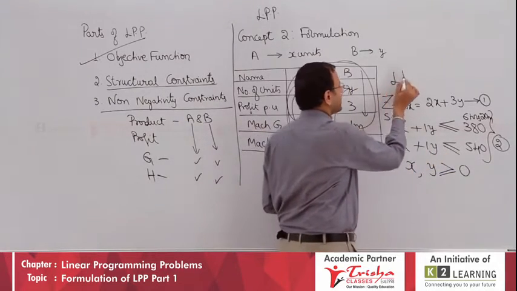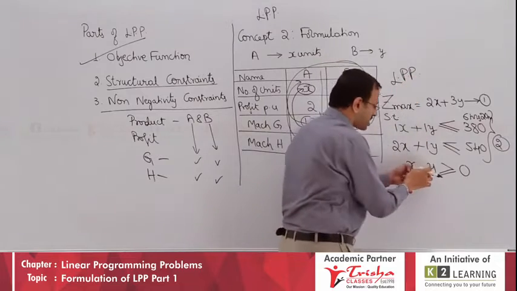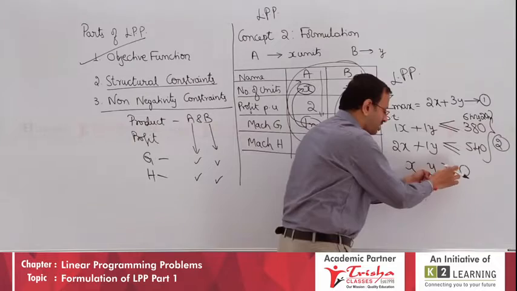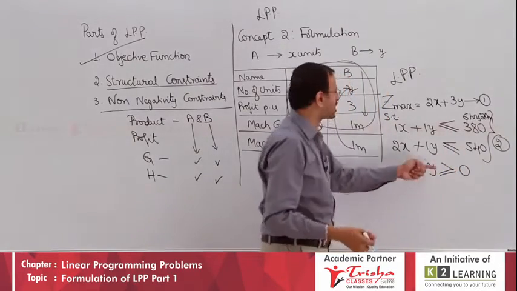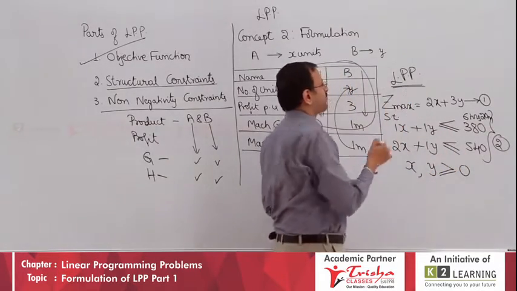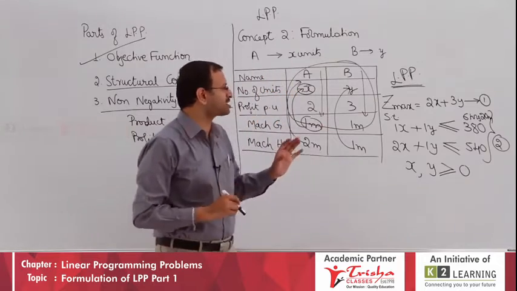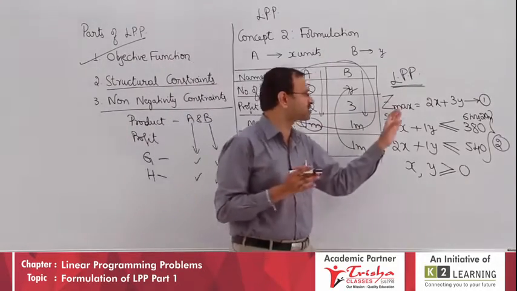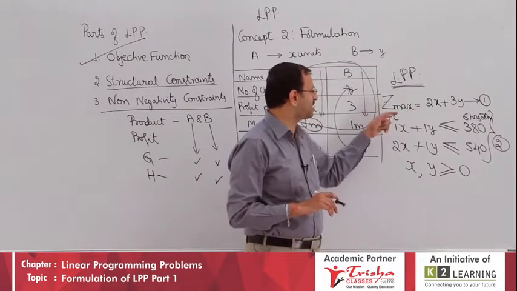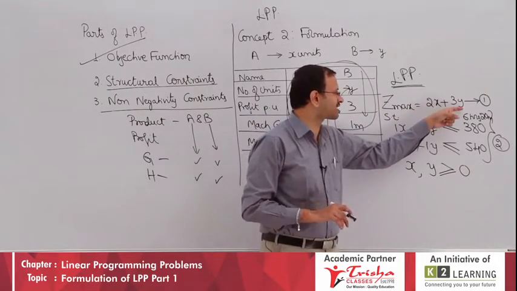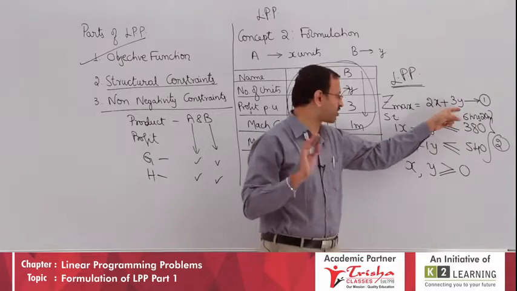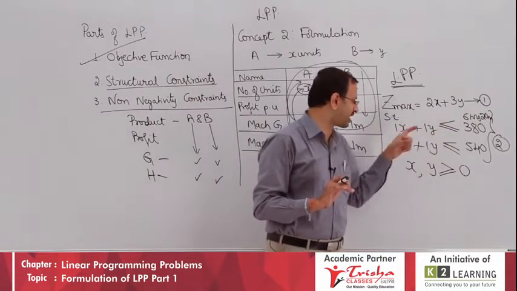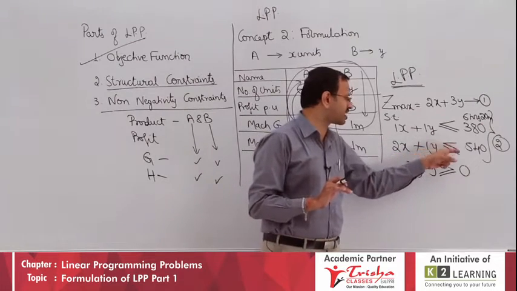So, LPP is, see here, last one, x, y greater than or equal to 0. So, the linear programming problem for the given situation has 3 parts: Z max equals 2x plus 3y, that is all, no equal, no greater than or less than. The objective function is the standard denotation, subject to 1x plus 1y less than or equal to 380, 2x plus 1y less than or equal to 540.